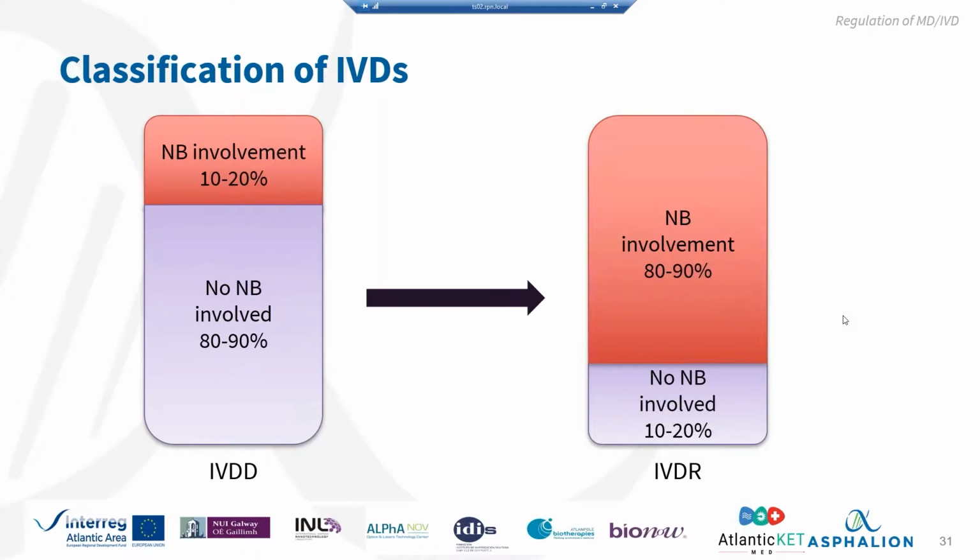What is important about this issue? All these devices that were self-certified until now with IVDD will have to be classified according to the regulation, which might lead to an up-classification to class B or C or D. What does it mean?